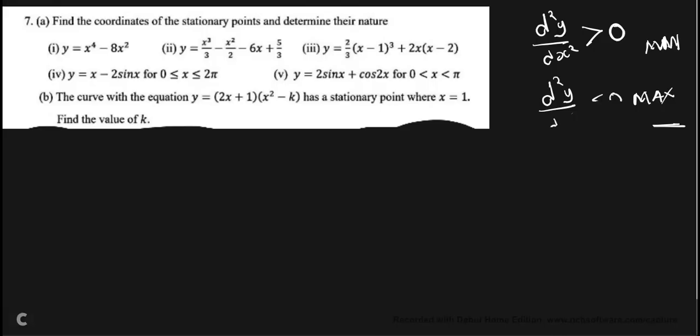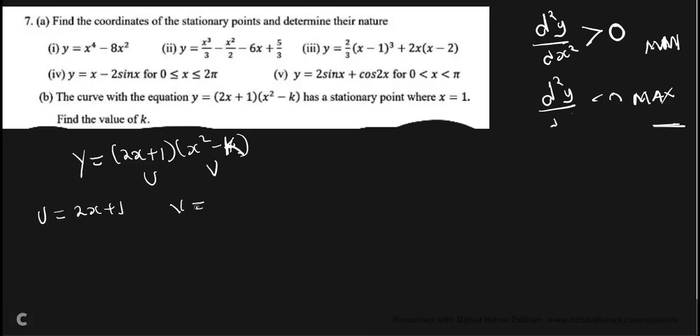So what are we looking for? We have to find the value of k. The first thing you need to do here is to differentiate, so that you can have the stationary function. So this is your u, this is your v. What's your u? 2x plus 1. Then v is x squared minus k.